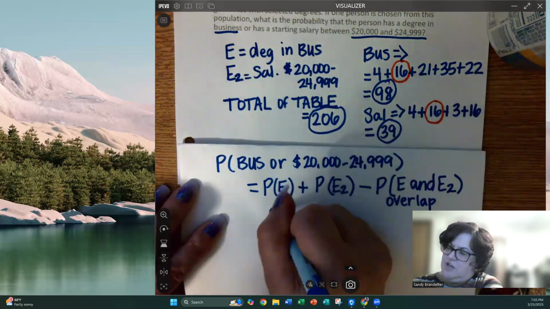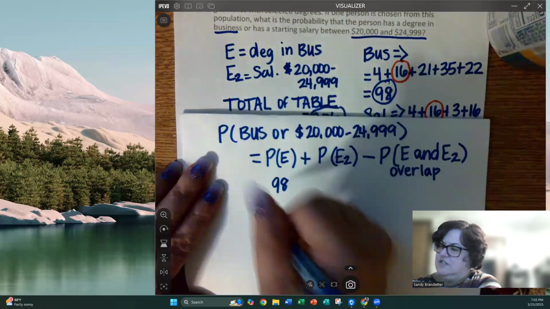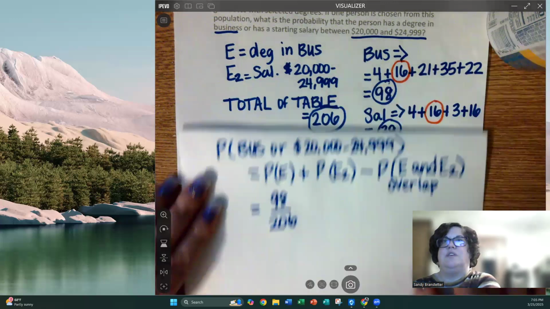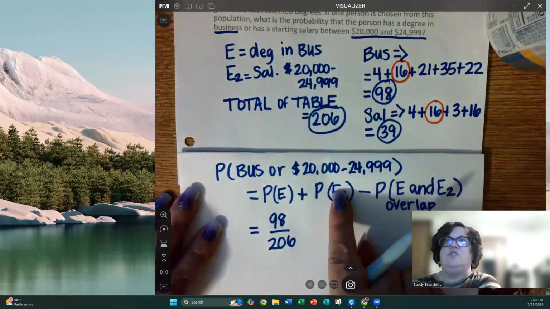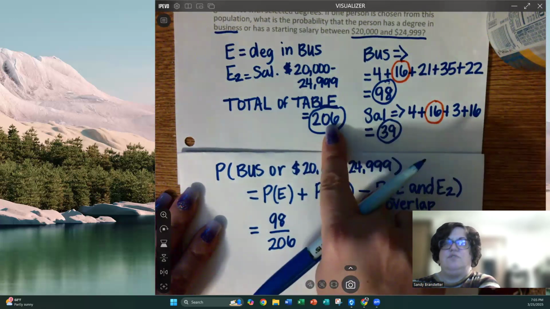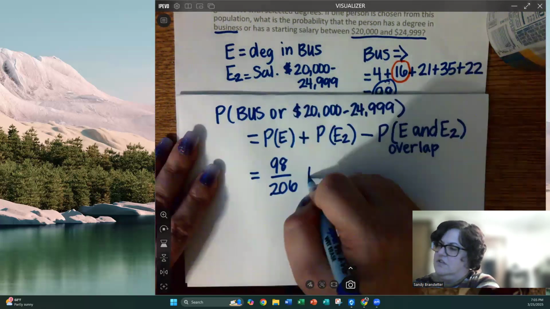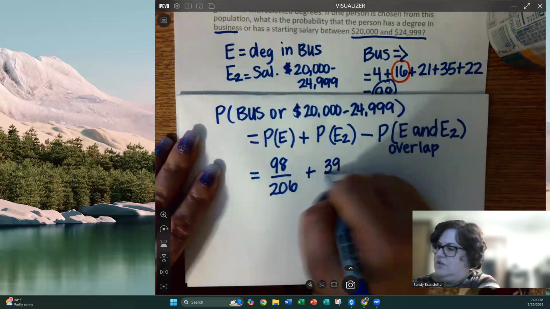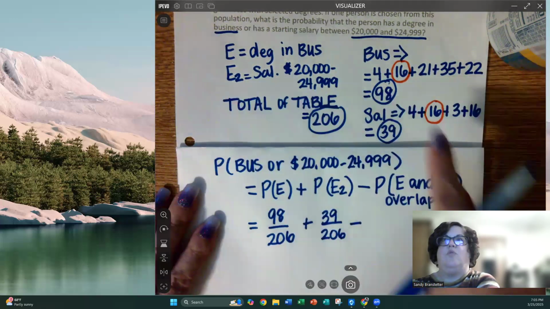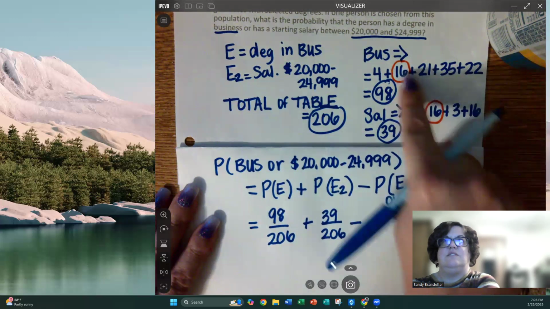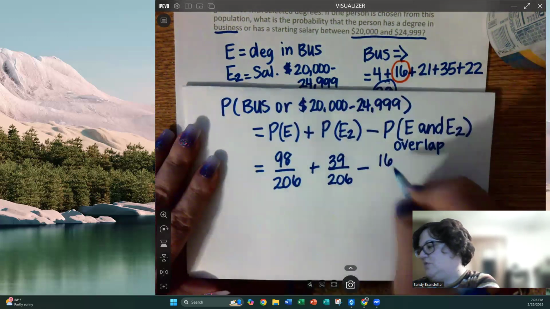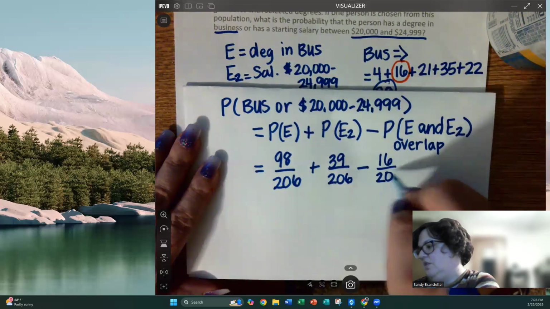So your first fraction is 98 out of 206. E2 then is 39 out of 206. And the part of overlap, or what got counted twice, is this number 16. So we're going to take off or subtract 16 over 206.